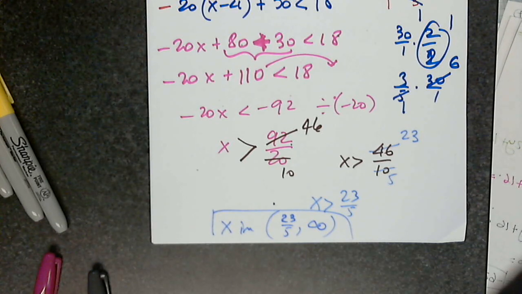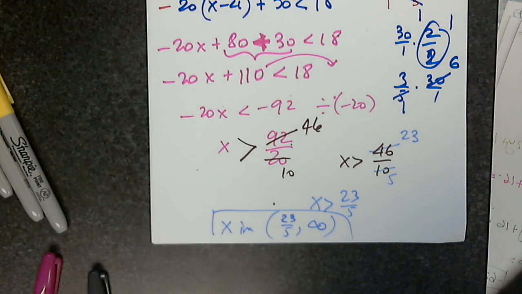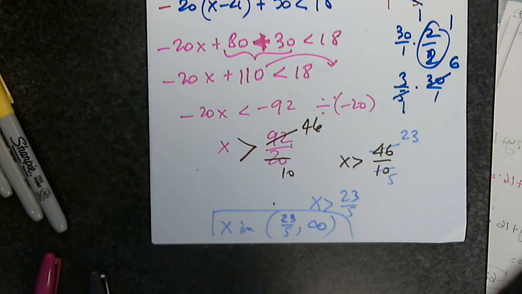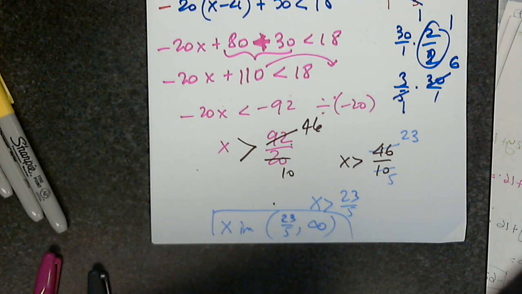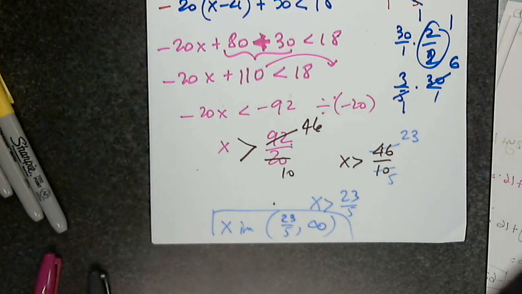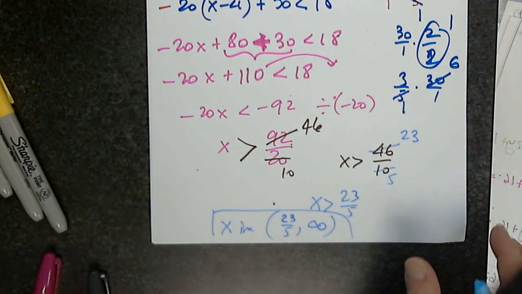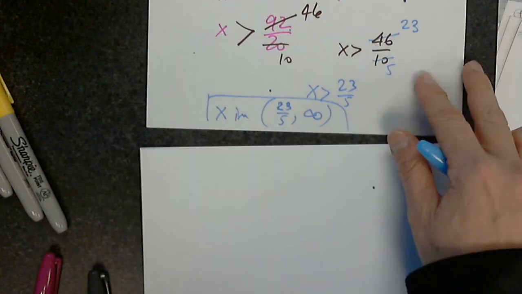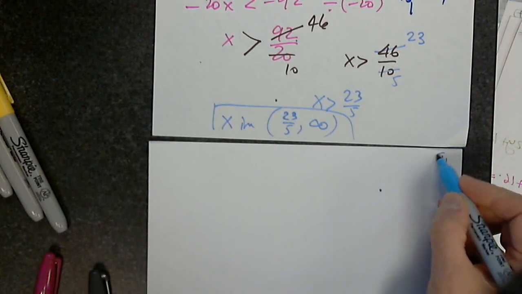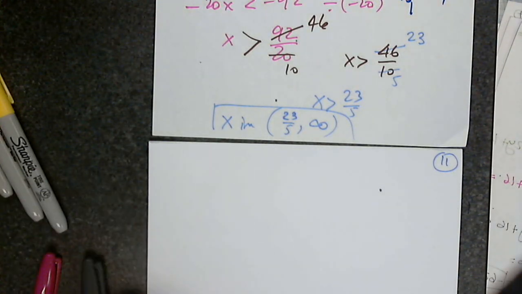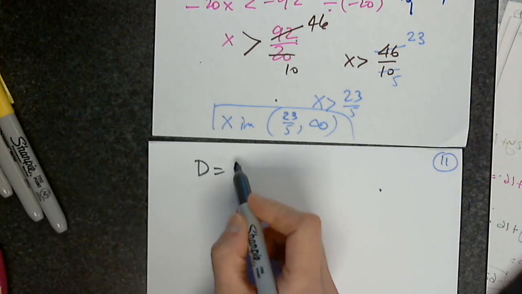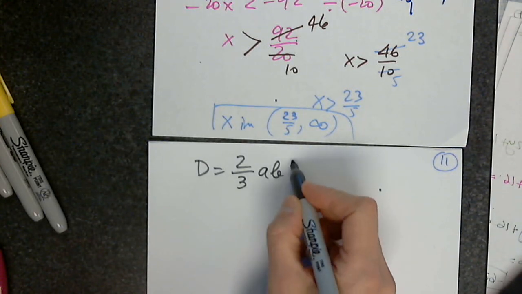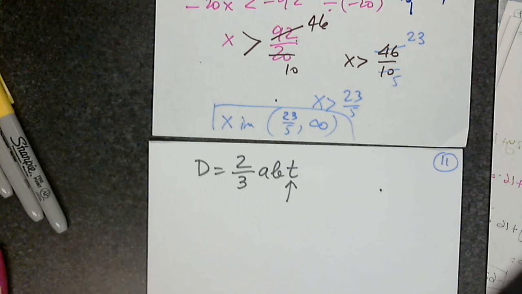Okay, so let's do number 2. Solve for t. So we have d equals 2/3 times a times b times t, and we want to solve for t.